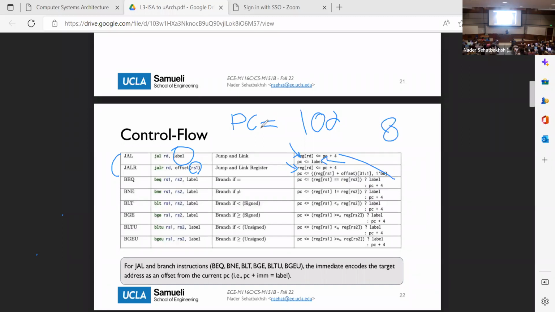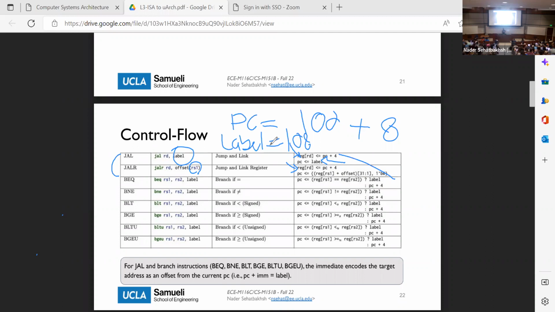So our immediate should be 8, but our label is equal to 108. So there is a difference between the label and the immediate. The immediate is the value that we add to the PC in order to get to that label. So the label is 108, but our immediate is 8, because our immediate is the offset to the PC. Whatever the PC value is, you add your offset to it in order to get to that label. Does that make sense?